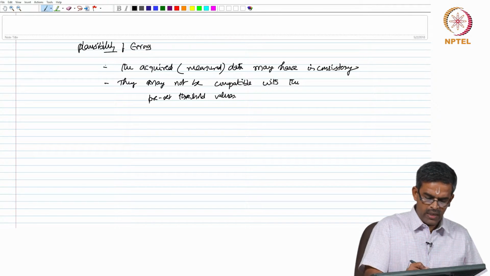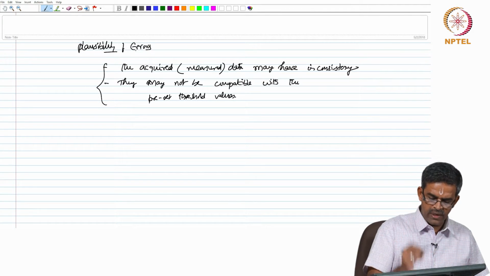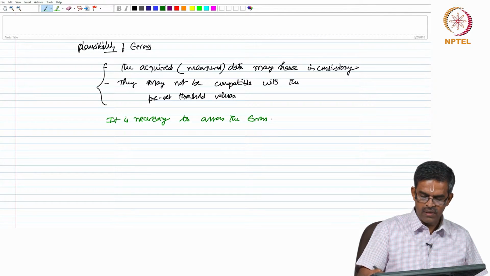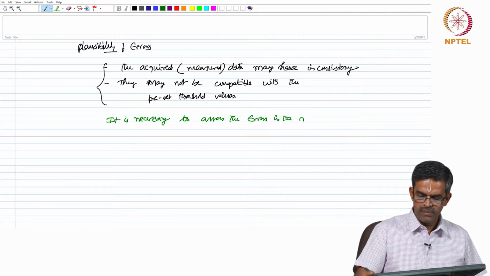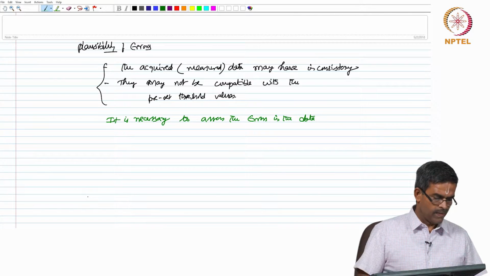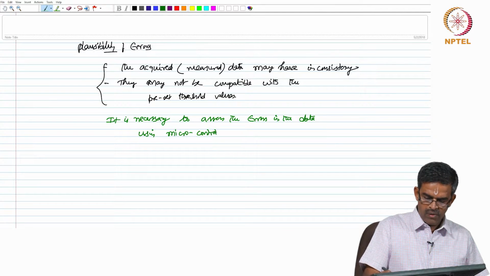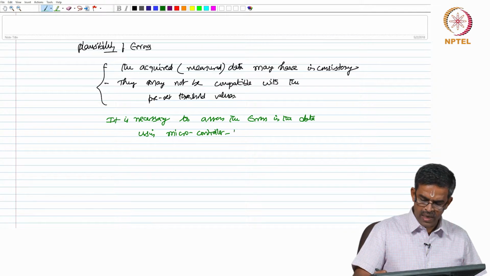So, at this stage, when such errors occur, it is necessary to assess the errors in the data using microcontroller based sensing units.